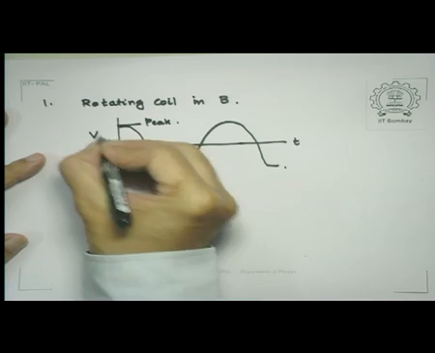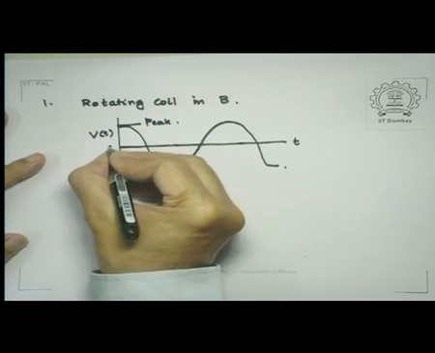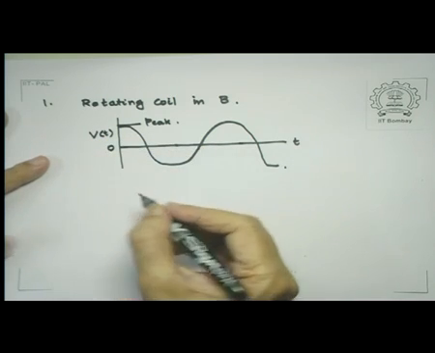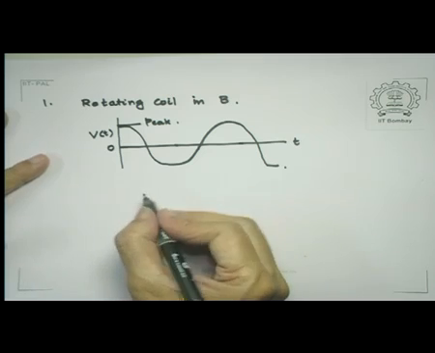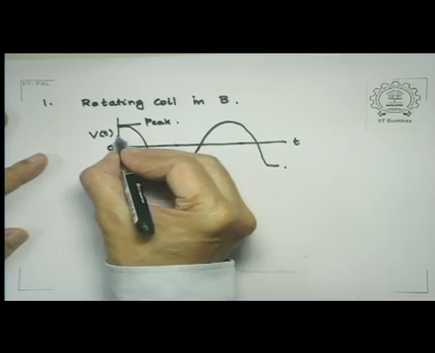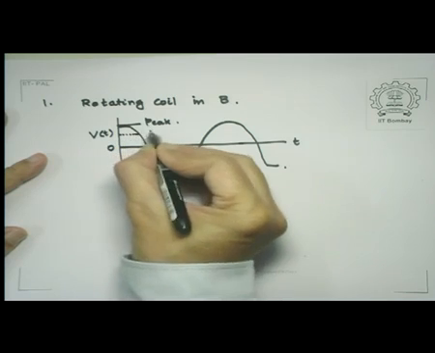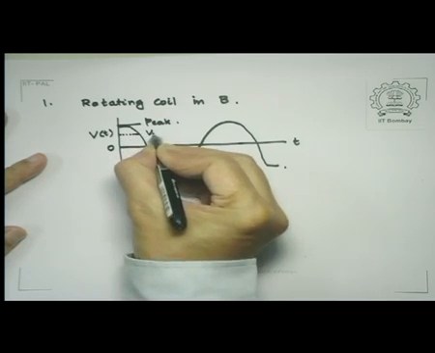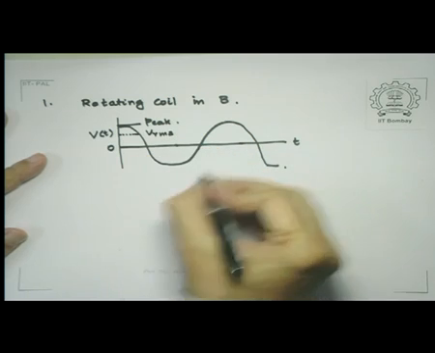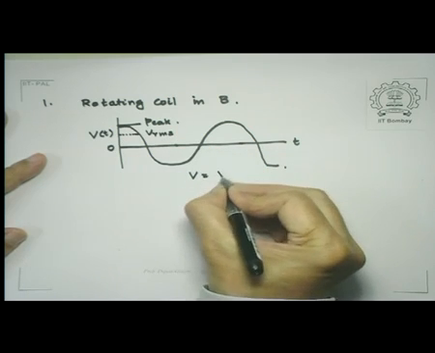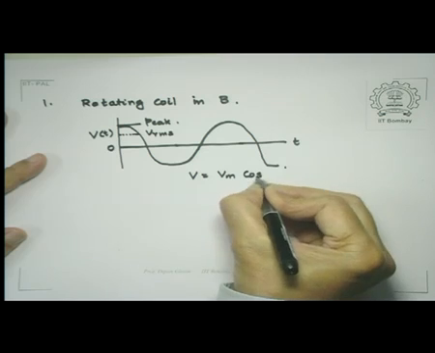So I'm plotting V as a function of time. This is time t equal to 0. We also defined what was an RMS value of voltage or also current, and this was about 70% of the peak. So this is V RMS, and V was given by Vm cos omega t.